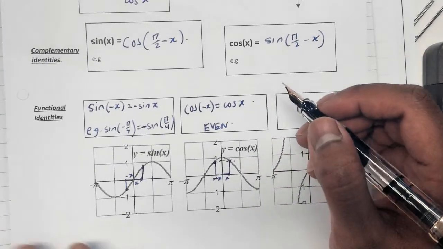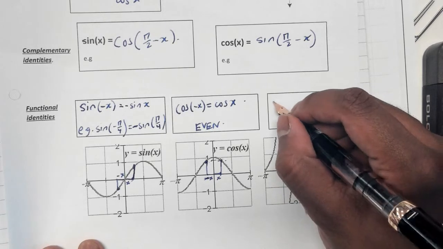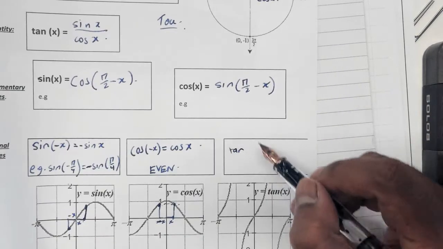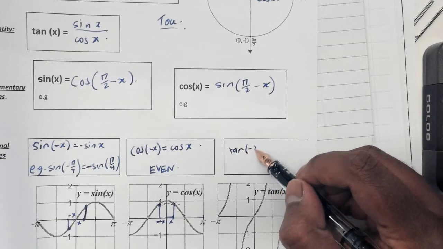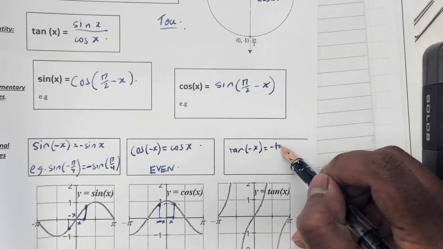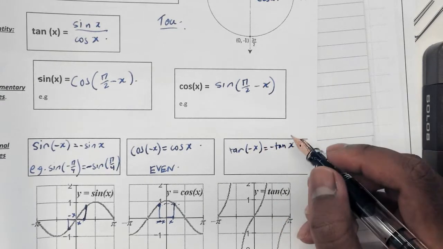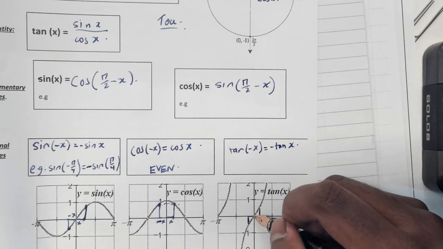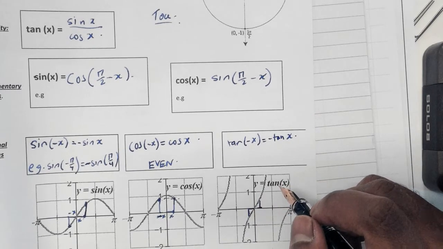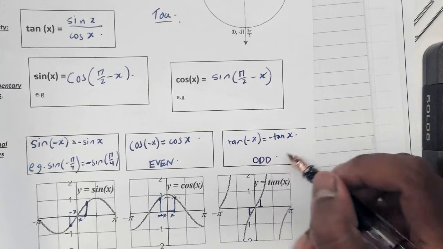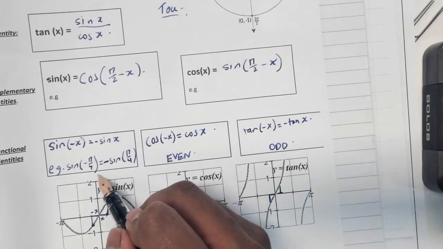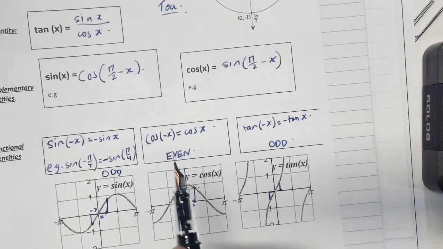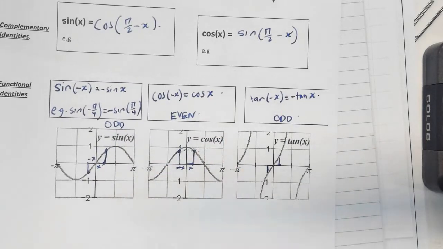And of course tan is an odd function, so it's the same as sine. Tan negative x equals negative tan x. Sine's an odd function as well.